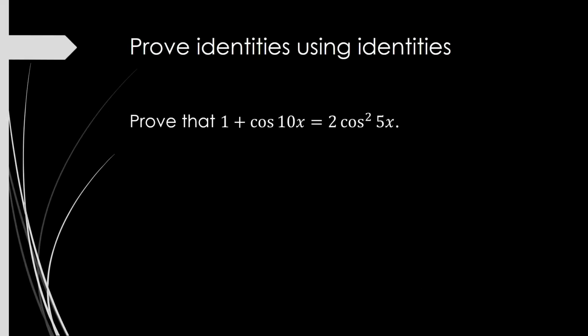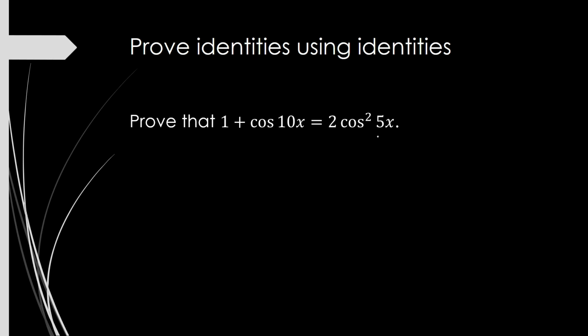Prove that 1 plus cosine of 10 times x is equal to 2 times the square of cosine of 5x. We were just talking about double angle identities, and then all of a sudden we have something like this. And so you can now see why this is listed as an exercise under double angle identities.